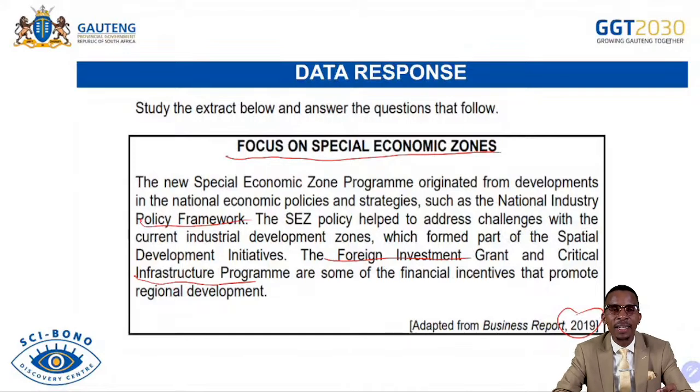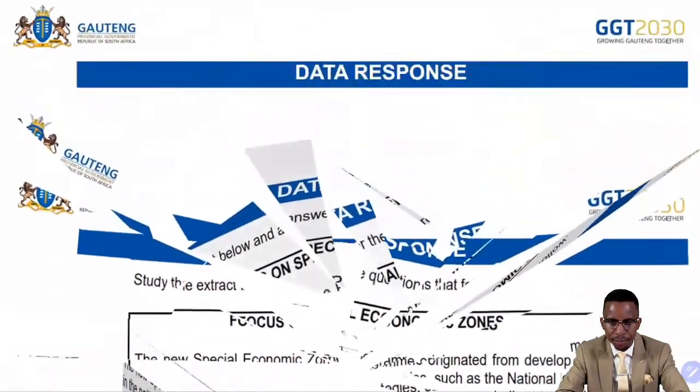SEZs have a variety of incentives given as a benefit to investors in those areas, and they focus on both local producers and those producing for international markets, while IDZs mainly focus on exporting goods and services. Let's check the questions.